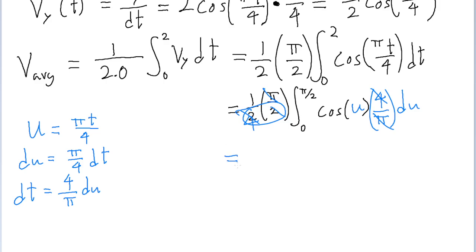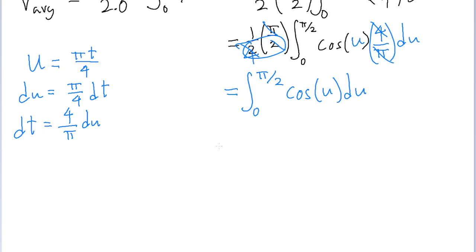So our integral simplifies down to the integral from 0 to pi over 2 of the cosine of u with respect to u. And then from here it's pretty straightforward. The antiderivative of the cosine is sine. So we've got the sine of u with our bounds from 0 to pi over 2.